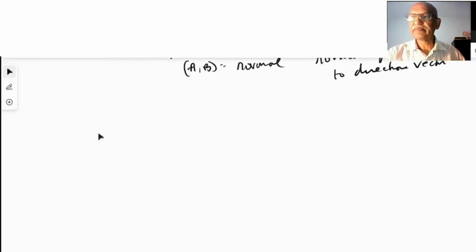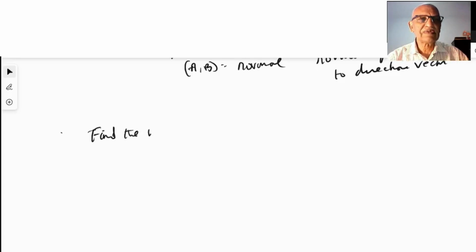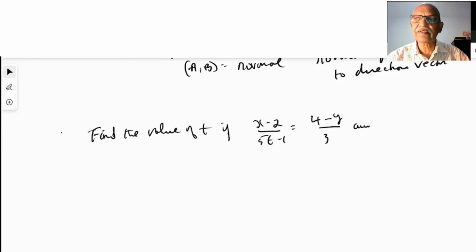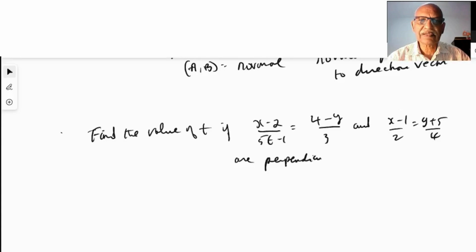Okay, so let's see one question. Find the value of t if (x minus 2) over (5t minus 1) equal to (4 minus y) over 3, and (x minus 1) over 2 equal to y plus 5 are perpendicular to each other.